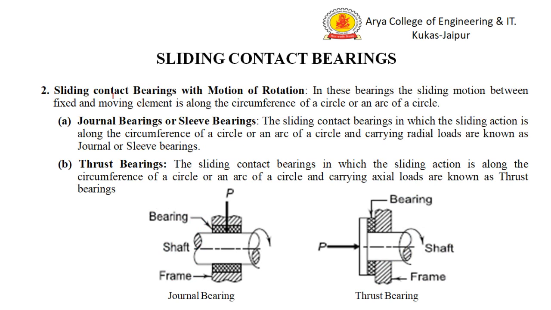Second is the sliding contact bearing with the motion of rotation. In this, sliding motion takes place along the circumference of a circle or an arc of a circle. It can be either radial bearing or thrust bearing.